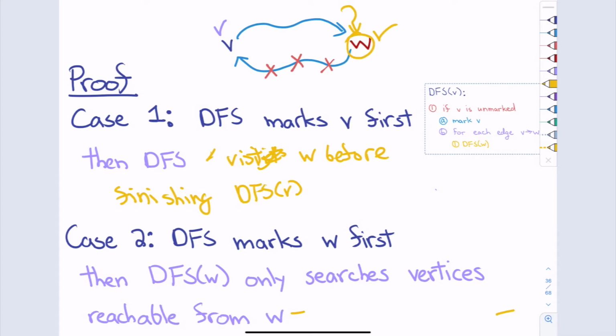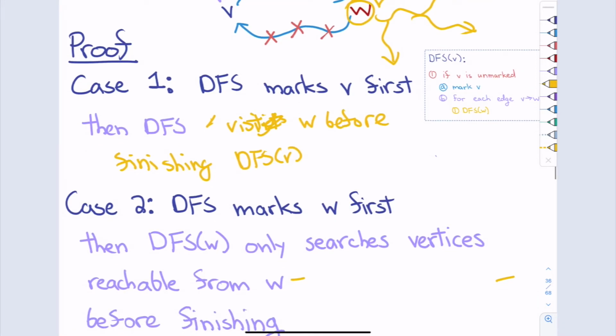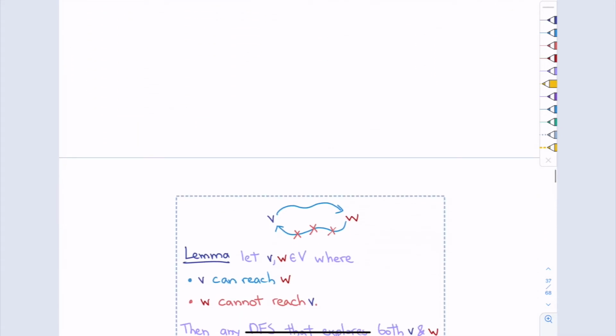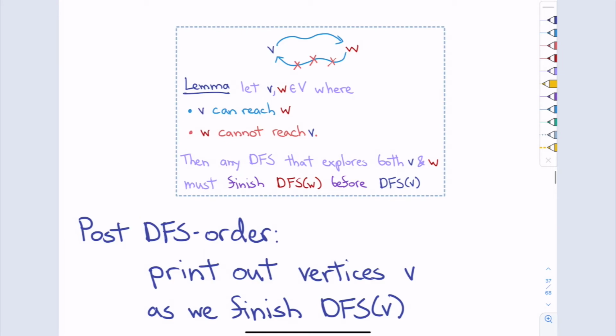We just said that we're only going to visit the vertices that are reachable from W before exiting that call to DFS W. But in particular, we won't visit V. Maybe that's too straightforward to call it a real proof, but it's a real lemma. So what does that imply?